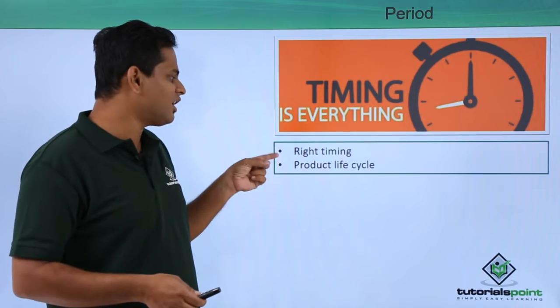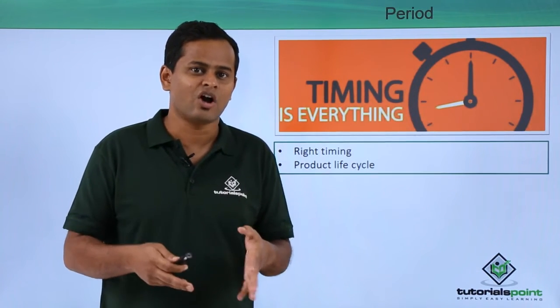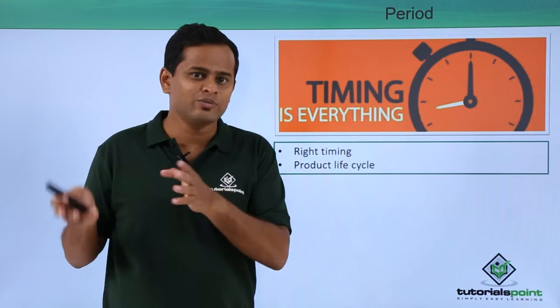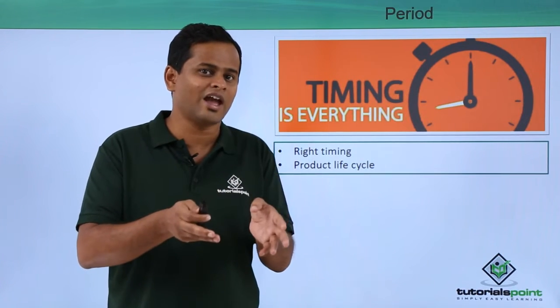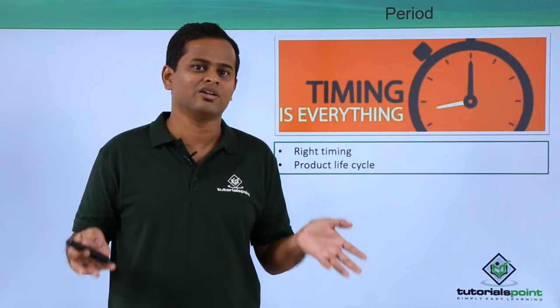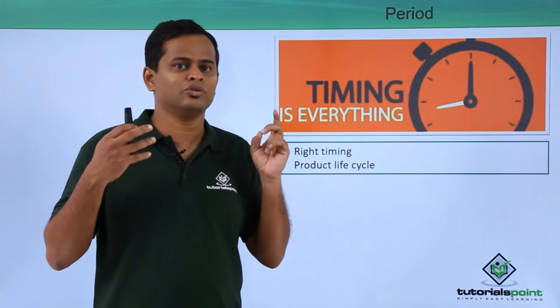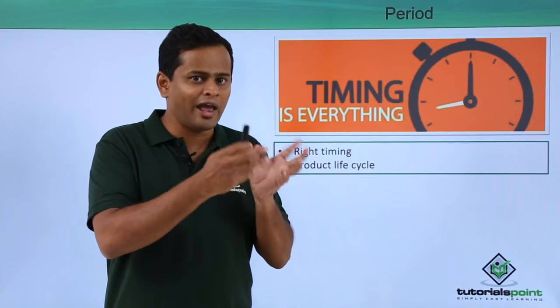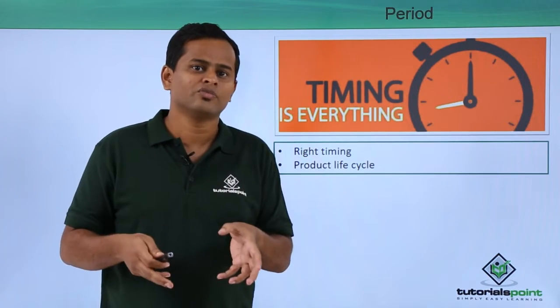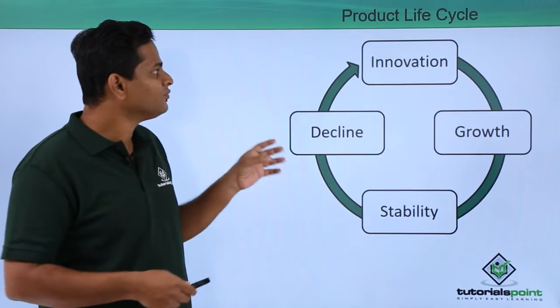When we talk about the period, this is nothing but timing, and right timing is everything. At the right timing, if we get the right product, then we can have a huge success of this particular product. A right product even at a wrong time can be a disaster for our organization and for our marketing concept itself. We need to be clear not only with timing alone but also the product life cycle, which we would be understanding in the next slide.